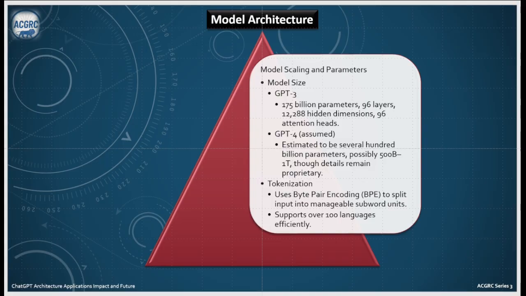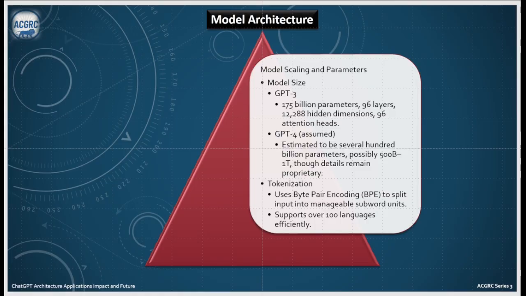From a model scaling and parameter perspective, GPT-3 has about 175 billion parameters over 96 layers, 12,288 hidden dimensions, 96 attention heads.